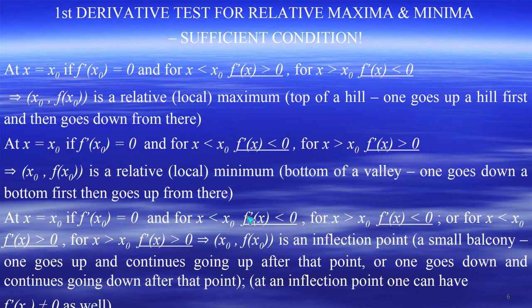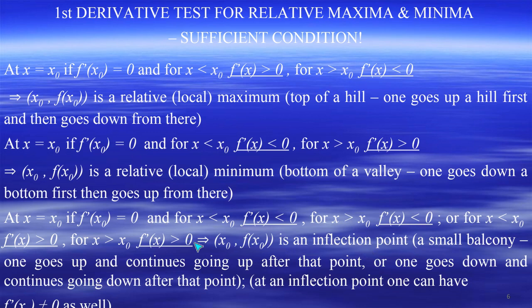But at an inflection point, you go up and continue going up afterwards, or you go down and continue going down afterwards. So on both sides of this inflection point, the derivative of the function has the same sign. If you go up, you continue going up. It is positive. If you go down, you continue going down. It is negative. So it is a small balcony.